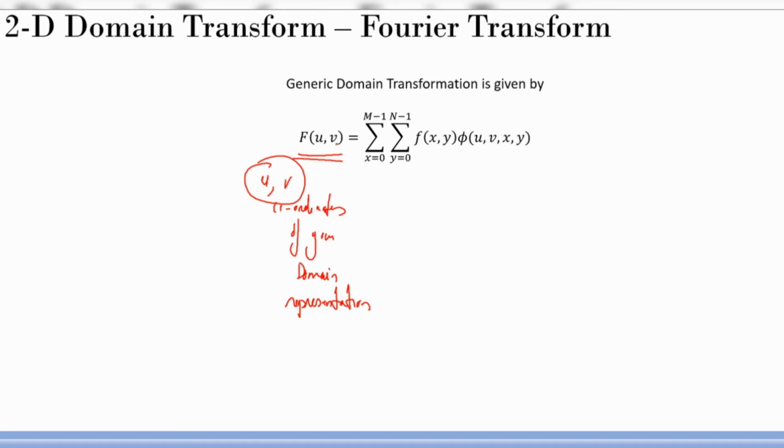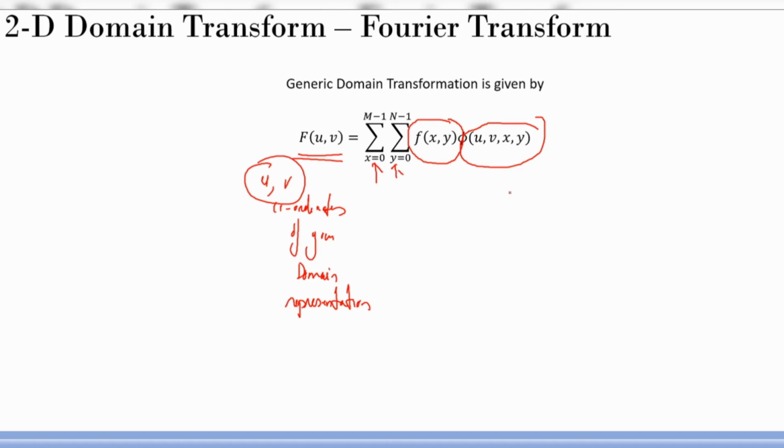Remember that. Now let's see the right hand side. What is f of x,y? f of x,y is your original image, which runs through all the pixels, x and y. f of x,y is nothing but the image. And what is phi of x,y? Phi is your transform function, the forward transform, for example.